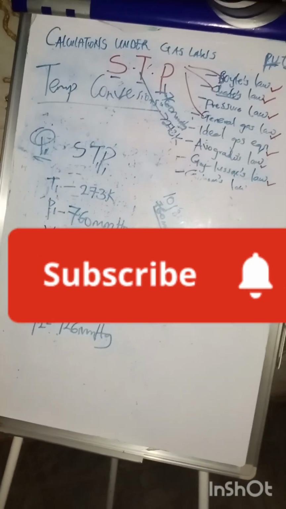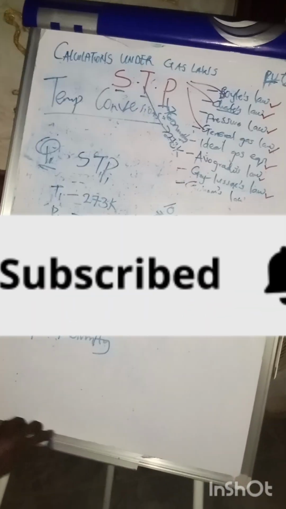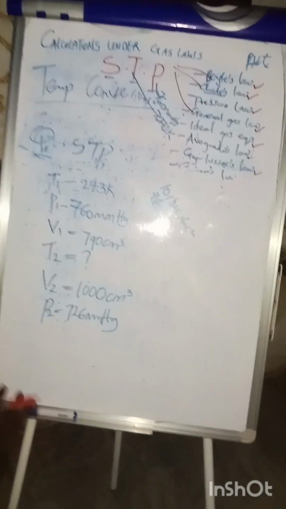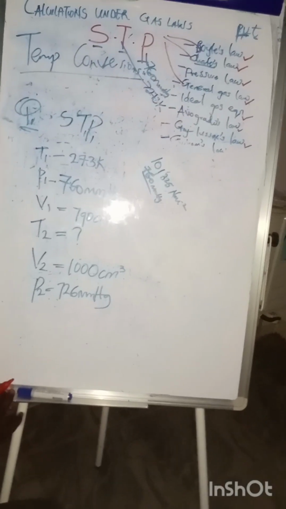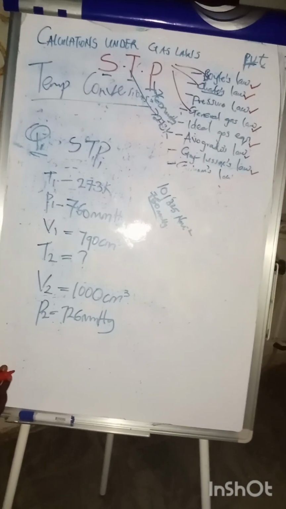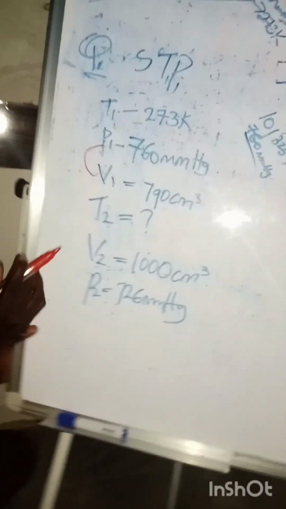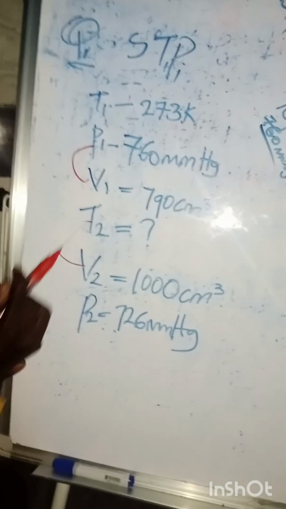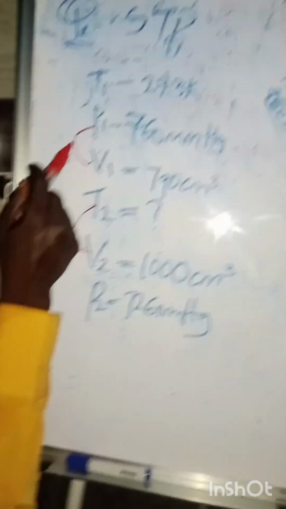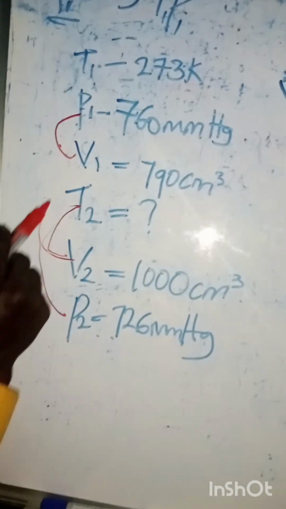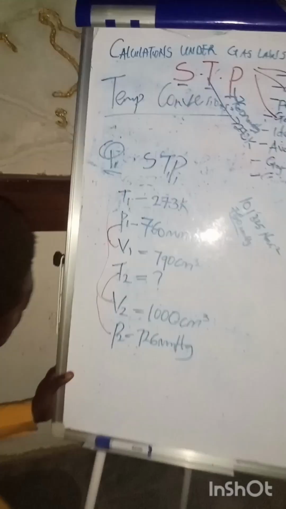So now looking at this, what am I going to use to calculate? Is it gas law? Is this Boyle's law? This one is combining both. This is PV, and this is V1, V2. This is actually Charles' law. This is Boyle's law. So what we'll do is combine them. How do I combine?